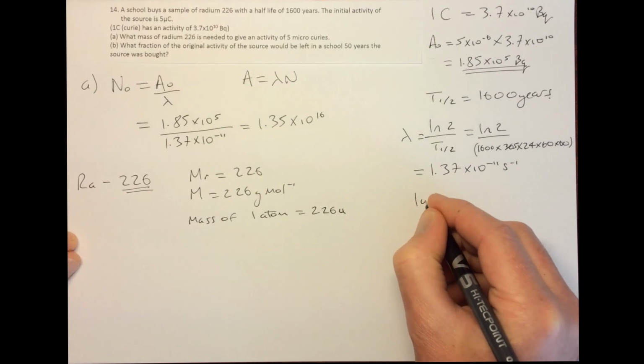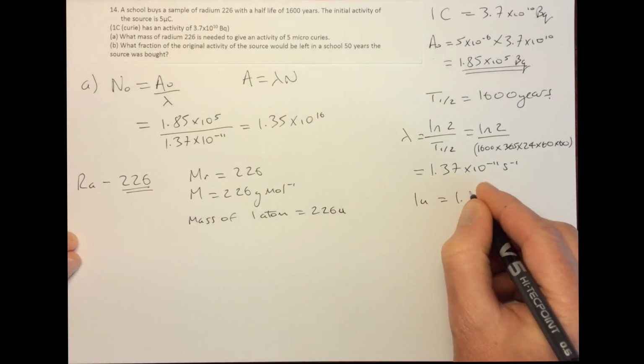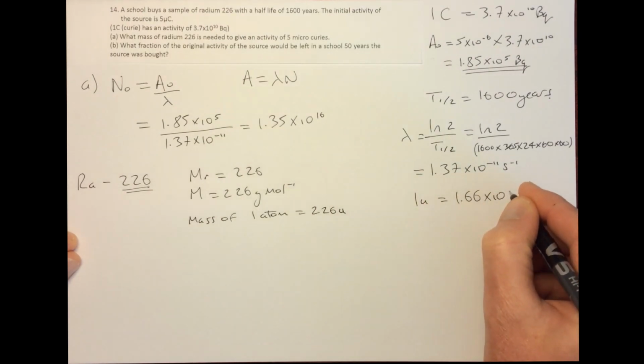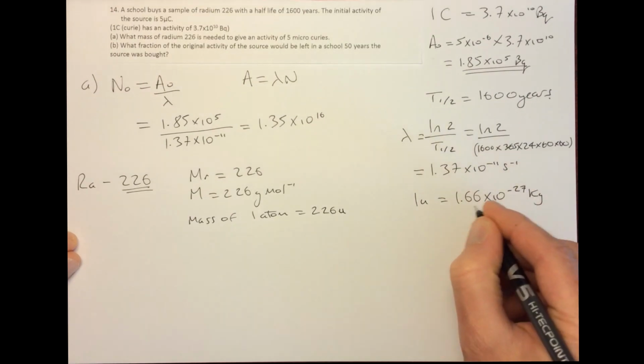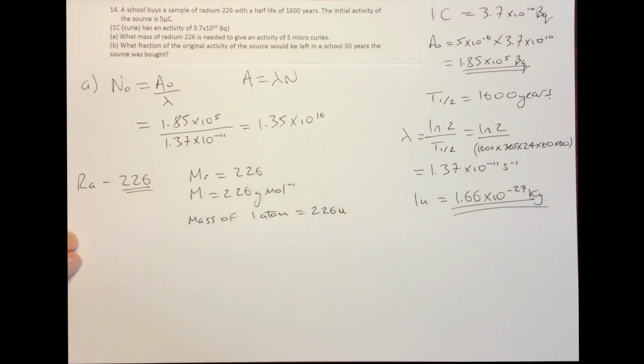Okay, now you can find in your data booklet that a unified atomic mass unit is equal to 1.66 times 10 to the minus 27 kilograms, which is basically the mass of a proton.